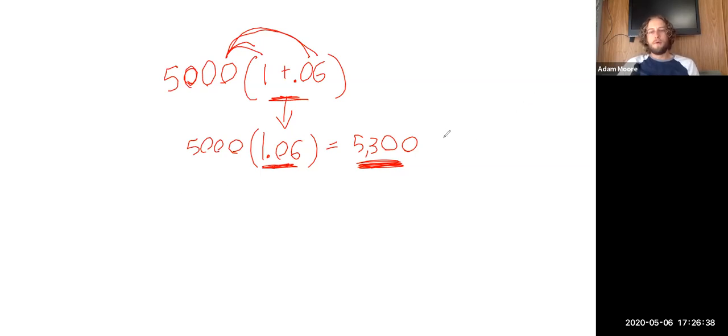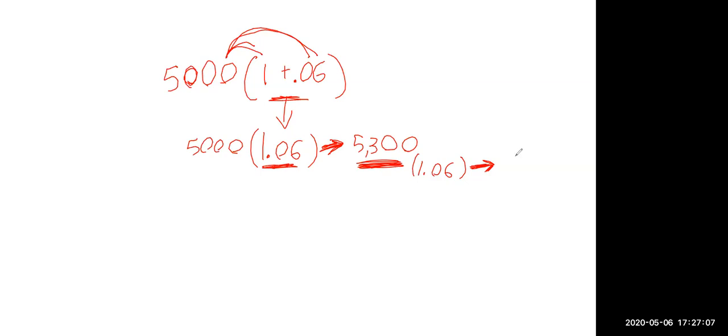And here was what was even better: now, if you don't mind, take that 5,300. You don't even have to clear your calculator, but if I times that by 1.06, here, this is not an equal sign anymore, but we'll arrow it. 5,300 times 1.06, what's that going to leave us? $56.18.